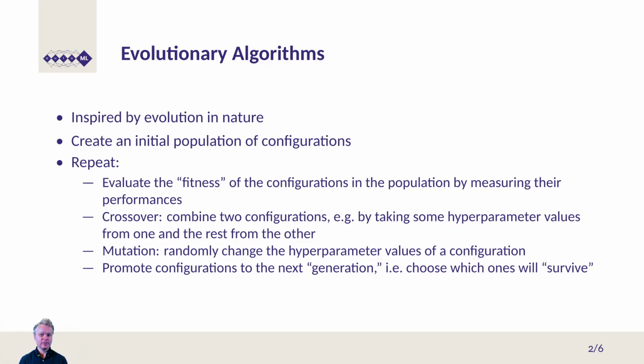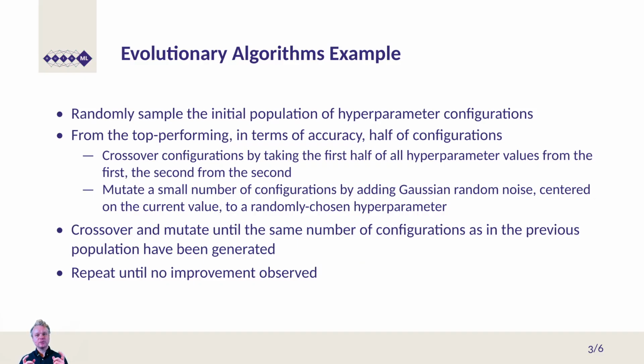This does sound a little bit abstract, so let's have a more concrete look at what this might look like in the context of hyperparameter optimization and automated machine learning. So here's a more specific example. We randomly sample the initial population of hyperparameter configurations from our configuration space.